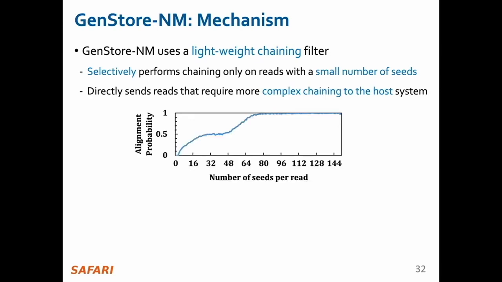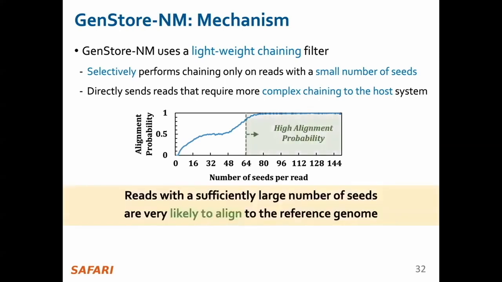This idea is based on our observation from analyzing a wide range of real-world genomic data sets. And this figure shows the alignment probability of a read in a long read data set to subsequences in the reference genome as a function of the number of seeds per read. We observed that reads with a sufficiently large number of seeds are very likely to align to subsequences in the reference genome. And such reads can be directly sent to the CPU or an accelerator for full read mapping, bypassing the in-storage filter.